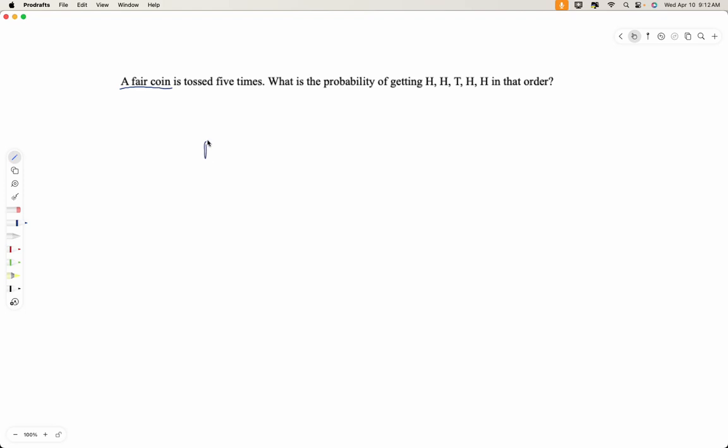What is the probability, and this is the picture of what we want, of getting heads, heads, tails, heads, heads, in that order? So first let's talk about how many options we have when we toss a coin. We have 2 sides, right?